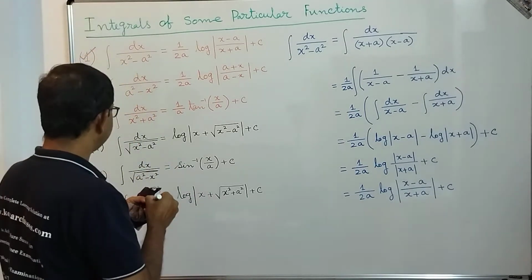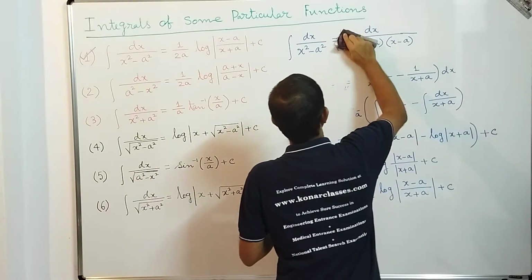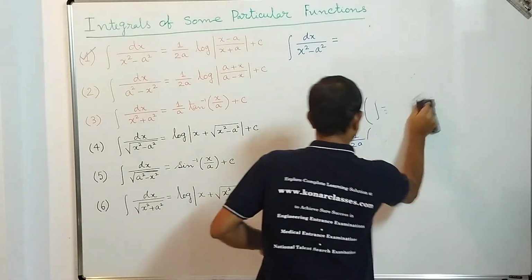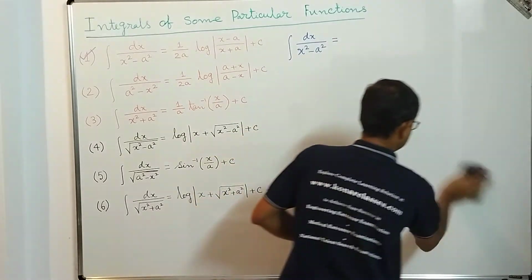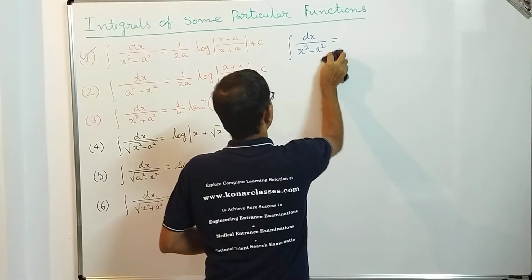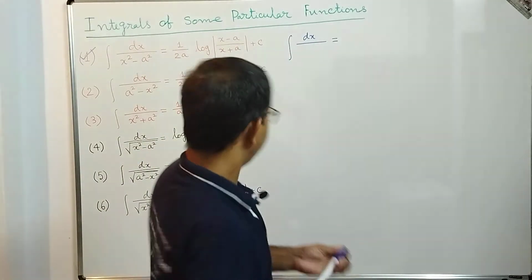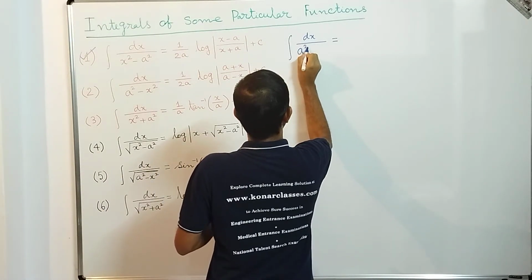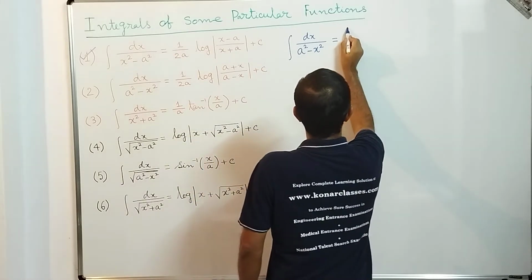Now the next one is the integration of dx by a square minus x square, okay? So here I write only the denominator, that is a square minus x square. So what can we write here, dear students?